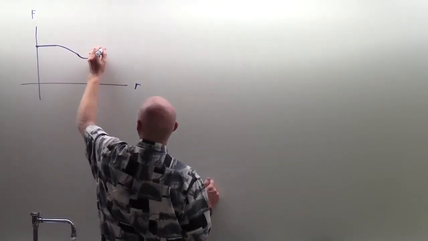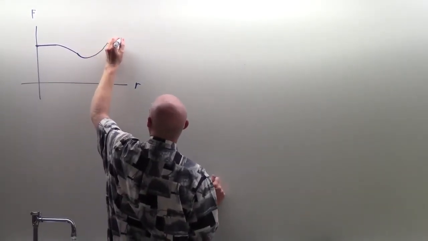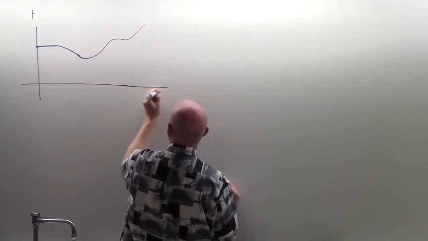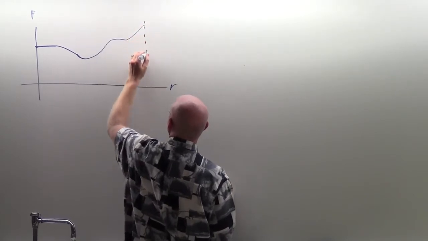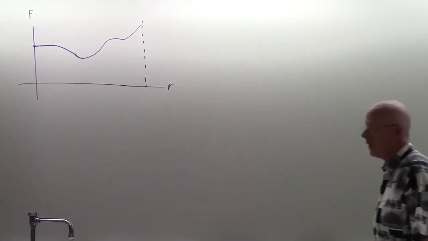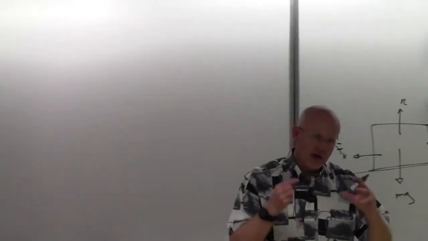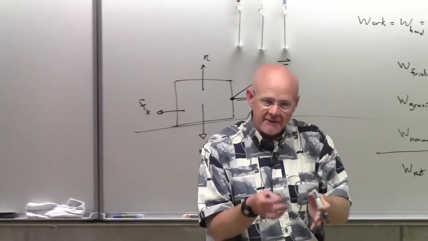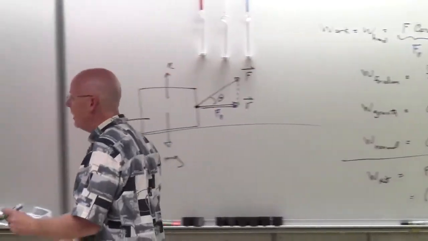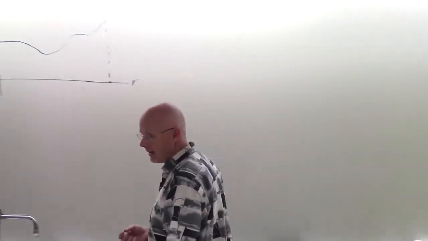So maybe they pick it up a little bit, maybe they go back, and then maybe they get real excited at the end and finish the whole process. And so maybe they finally move it across the room or whatever they're trying to do here. But I'm just trying to give you a silly story that most likely forces are not constant. And so what are we going to do in a scenario like that?